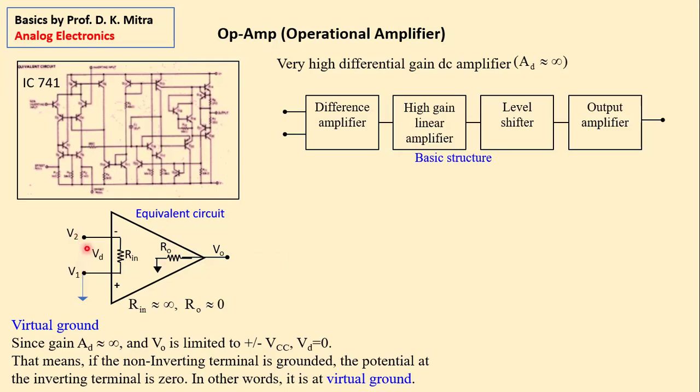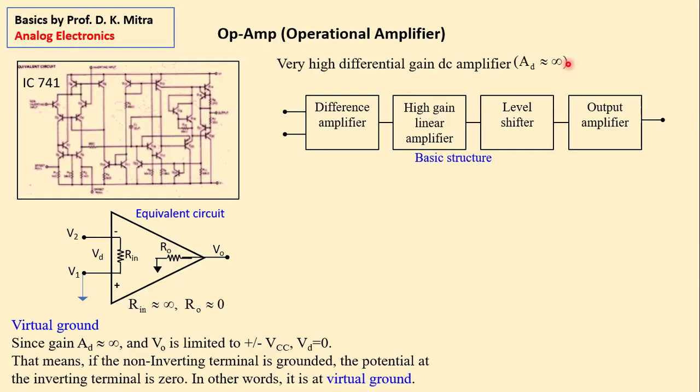So 0 minus 1 volt is minus 1 volt input. Vd is minus 1 volt, 0 minus 1, right? Then what is the output? Will the output be minus infinity or plus infinity? It cannot happen. In that case, this is an IC where you give 1 volt input and you get millions of megavolt output. Is that possible? That's not possible. Because the output is always limited to plus VCC and minus VCC.